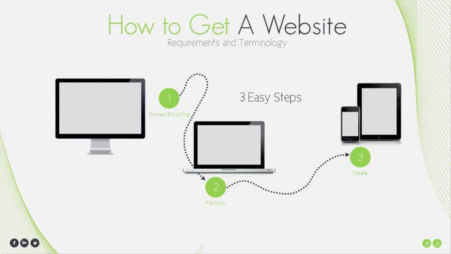Pick your domain, get a place to put your files. That's the hosting. Set up a platform, the software that's going to run your website, and then actually go in and create the website. And when we go in and create it, I'm going to be showing you how to make that website function well, look dynamite, and make you money.